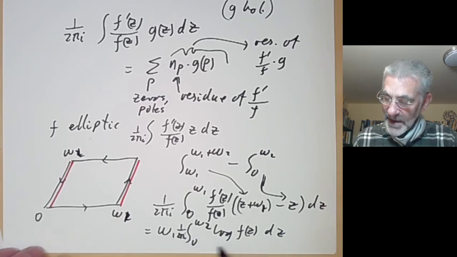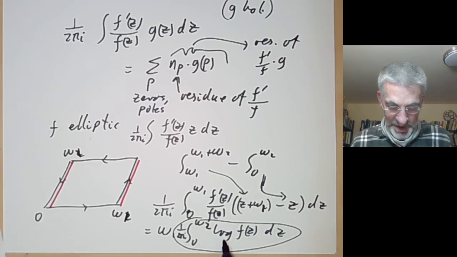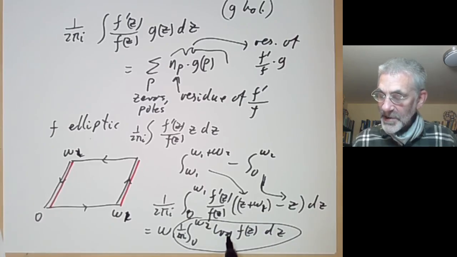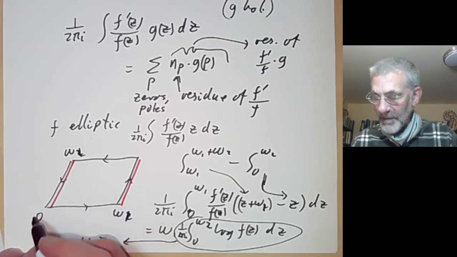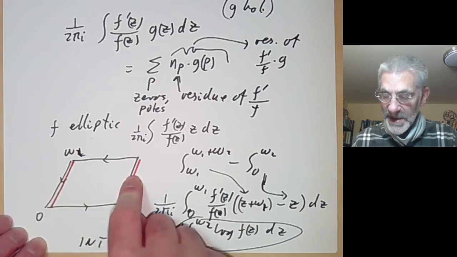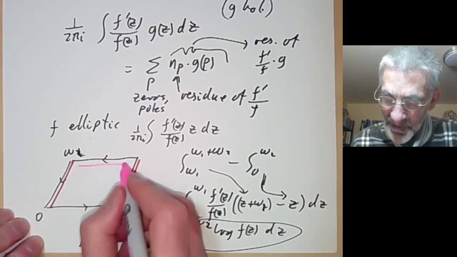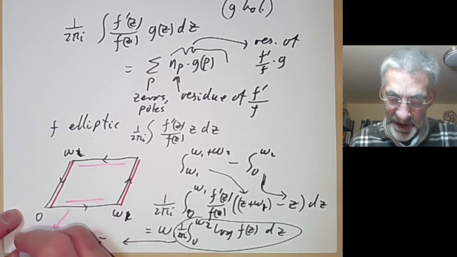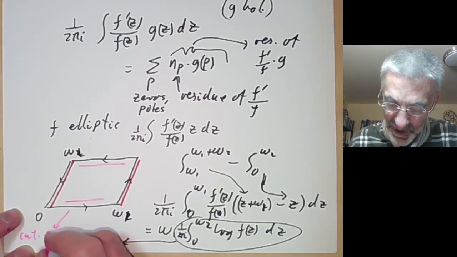So this integral here is just equal to the change of argument of f of z. So this bit is actually an integer because it's how much the argument of f changes as we go from there to there. So the sum of these two integrals isn't 0, but it's an integer times omega 1. And similarly, the sum of these two integrals is just an integer times whatever the other omega was, omega 2.